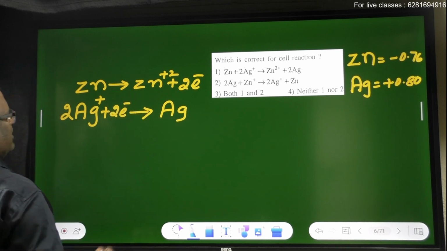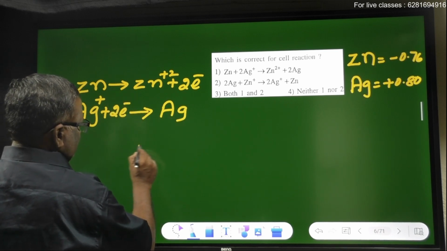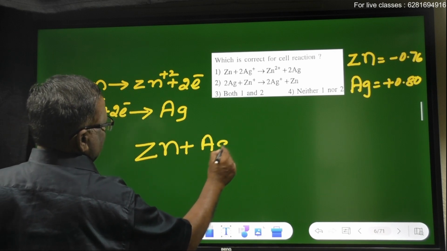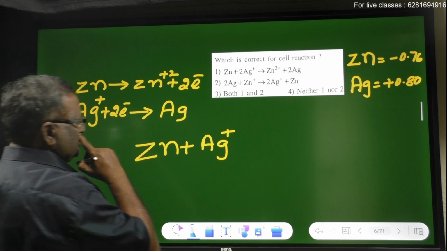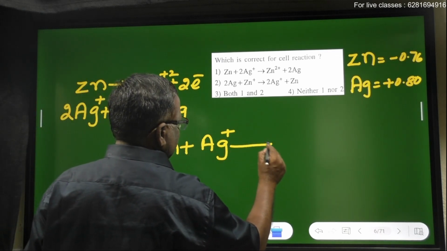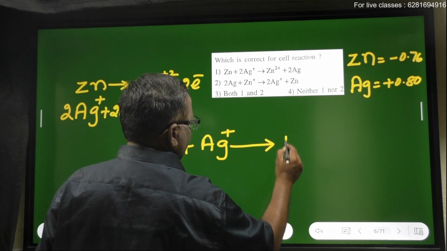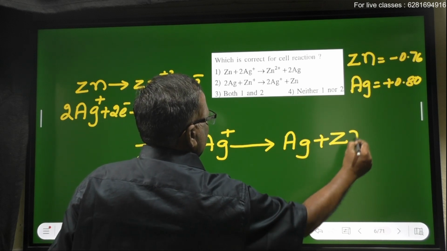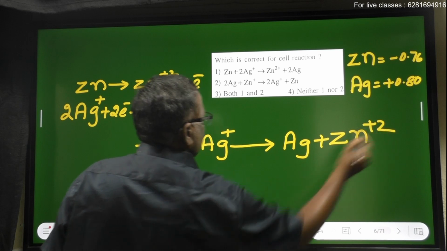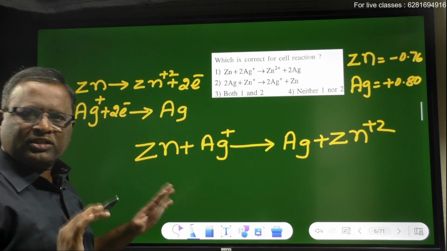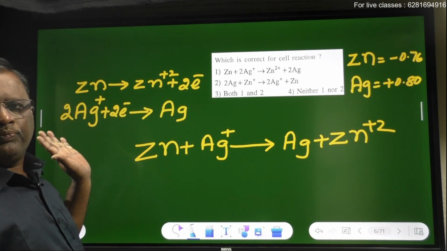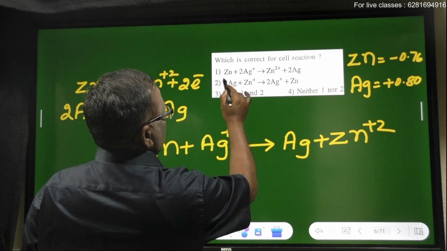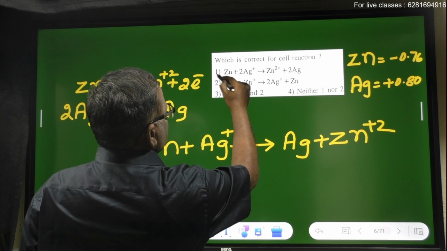So when zinc reacts with silver, zinc displaces or precipitates Ag plus ions from its solution as Ag, and zinc goes into the solution as Zn2+. This is the only possible reaction. So this first option is correct.